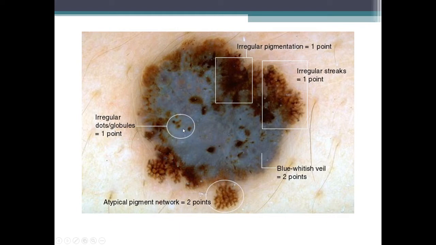The dots, the globules, again, normally the globules, if they are symmetrical, for example, at the border, no problem. But here, you can find them just here, so irregular dots. This structure, the blue whitish, well, this is a very, very malignant sign. We hate blue color.